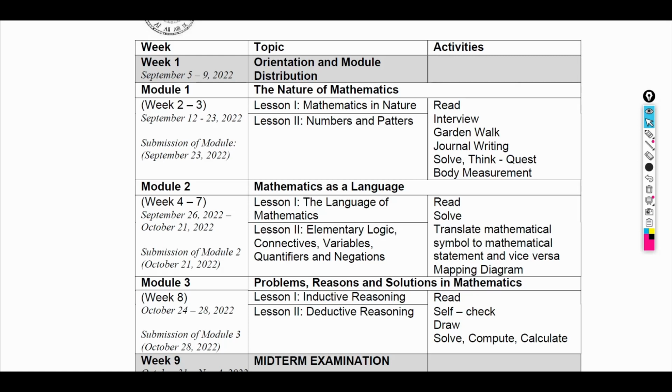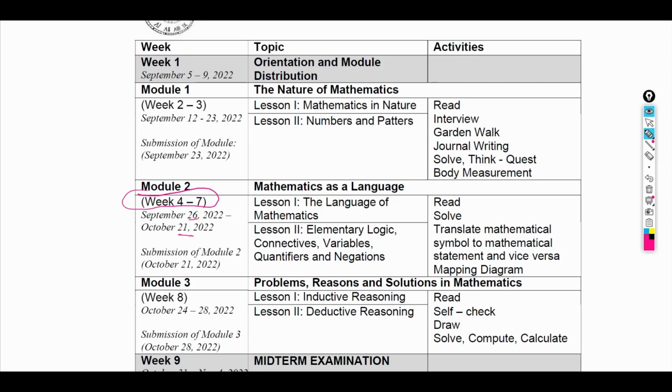So 4 weeks to consume, from September 26 to October 21.